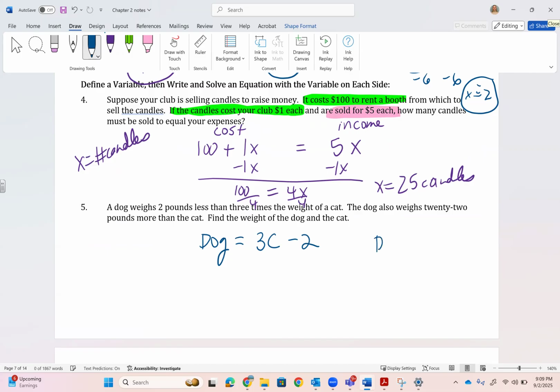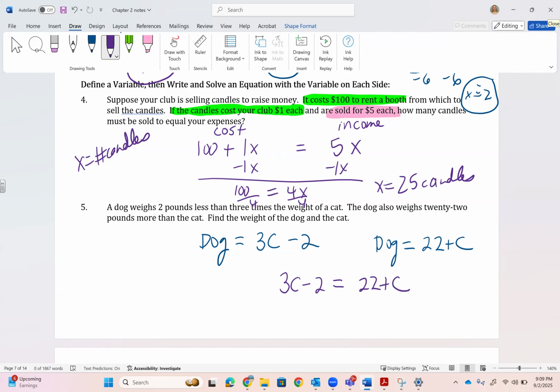Another way to talk about it: a dog equals 22 pounds more than what a cat is. So 22 plus a cat. Okay, so there's 2 ways that we're talking about what a dog can weigh. We can say a dog weighs 3C minus 2, or also a dog weighs 22 plus C. There's 2 ways to talk about how much a dog weighs.